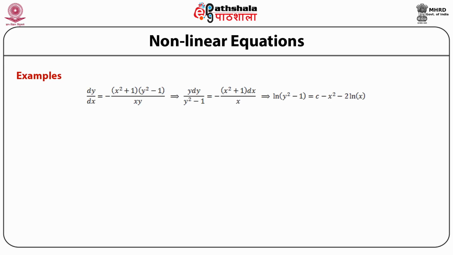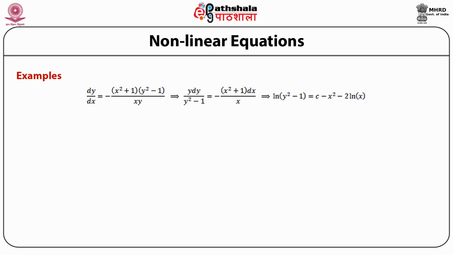First is dy by dx equal to minus of x square plus 1 into y square minus 1 divided by the product of x and y. So the equation may be rearranged as y times dy by y square minus 1 equal to minus of x square plus 1 by x dx.